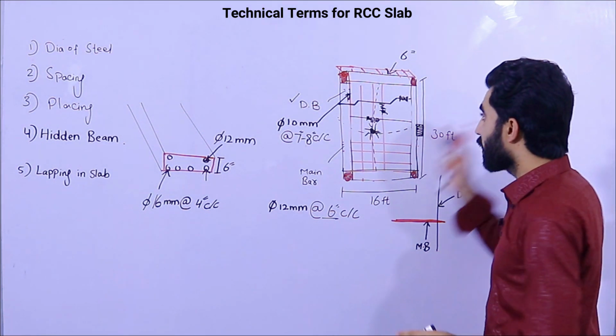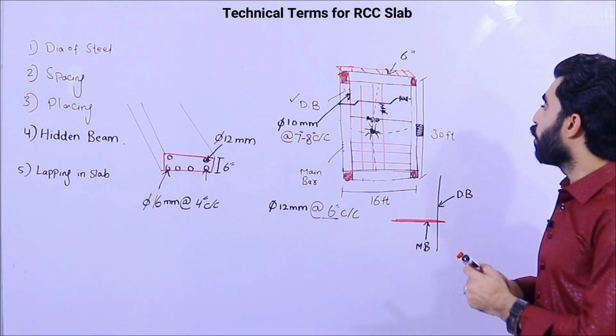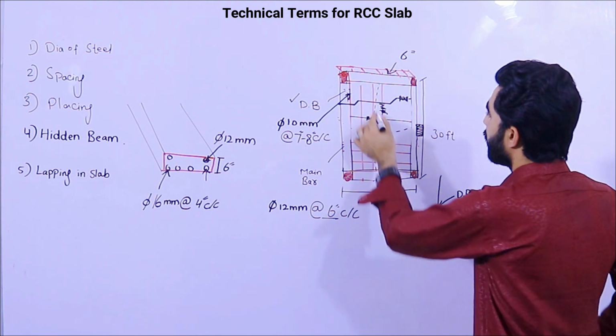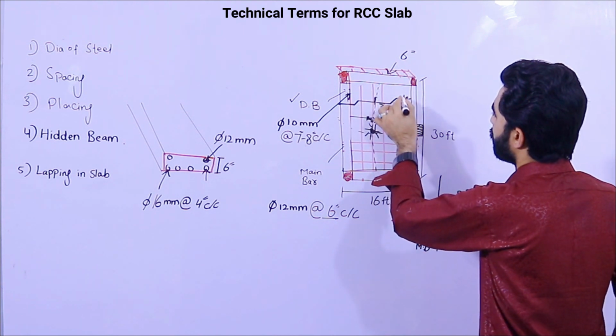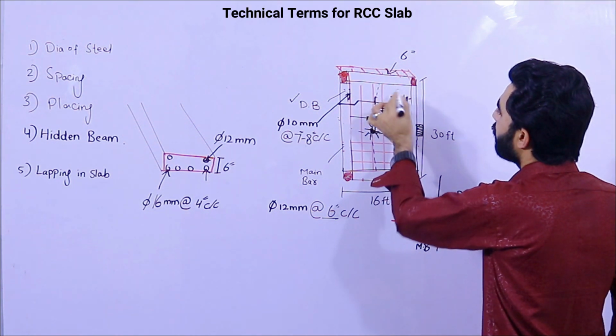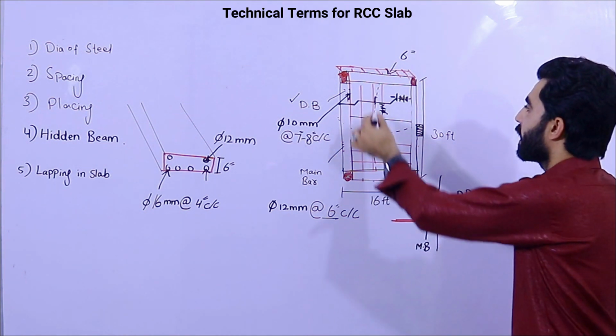It can produce cracks when we provide the lapping length there. So try to provide the lapping length not at the mid and not within L/4 distance, but after L/4 distance you are able to provide lapping length.